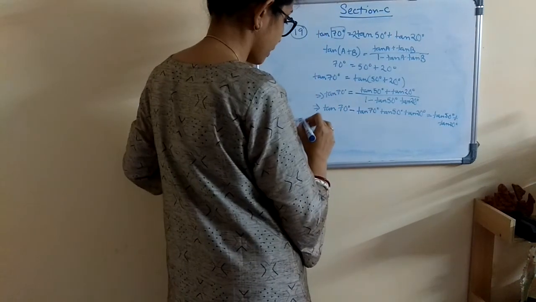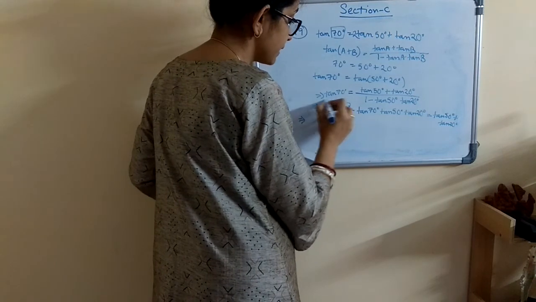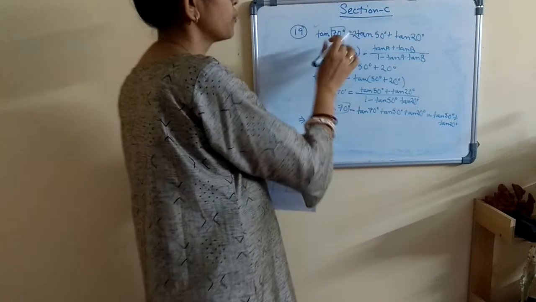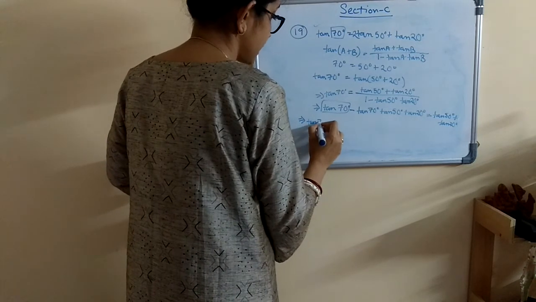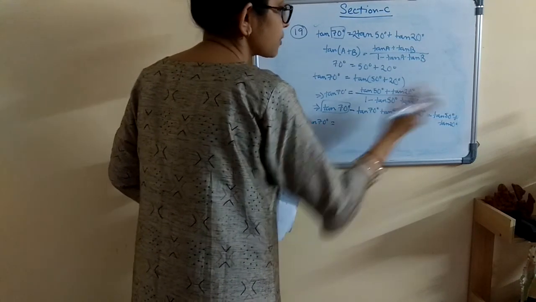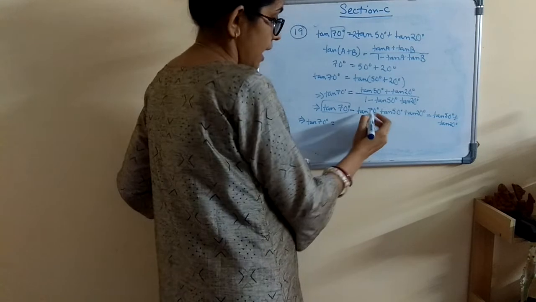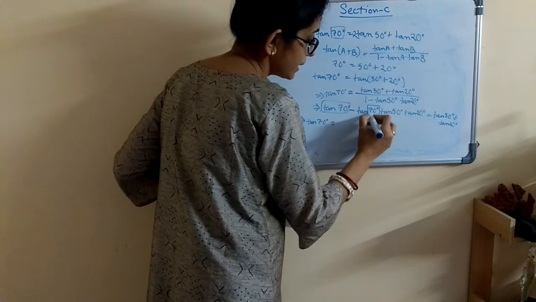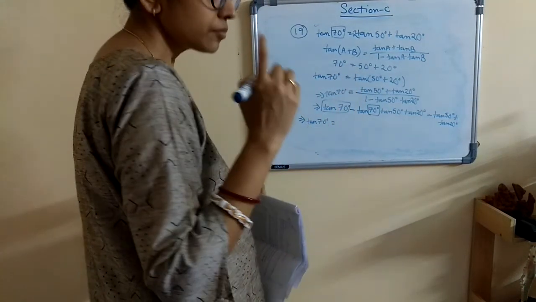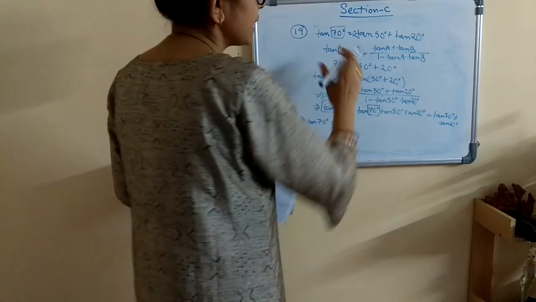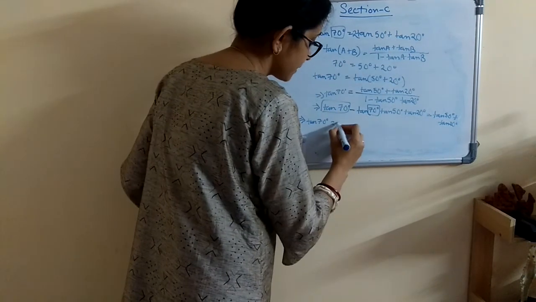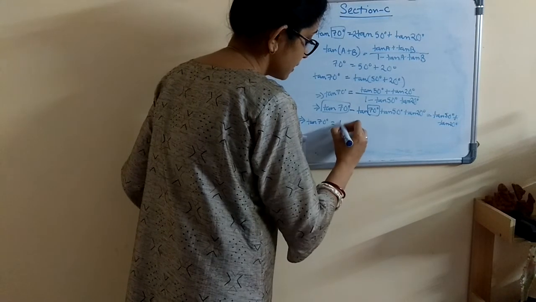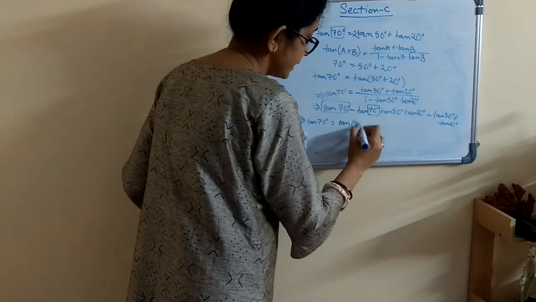Now we will keep tan 70 in the left hand side because in the proof we require tan 70 in the left hand side. So let's keep tan 70 in the left hand side and take this one on that side and convert this 70 degree again to 20 degree because in the right hand side we require 50 and 20 only. So we can write tan 70 as tan of 90 minus 20.